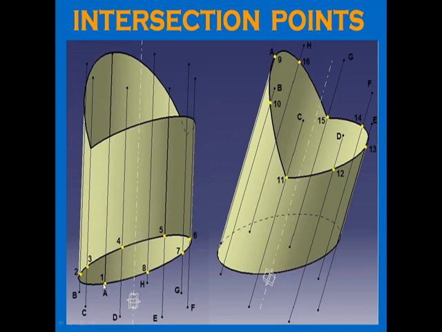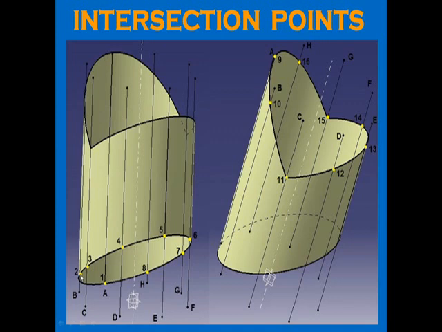As you can see, the first intersection point is at the bottom left corner of the base. That is, you can say, the starting point of the generator A. So this is intersection point number 1. Intersection point number 2 is here.